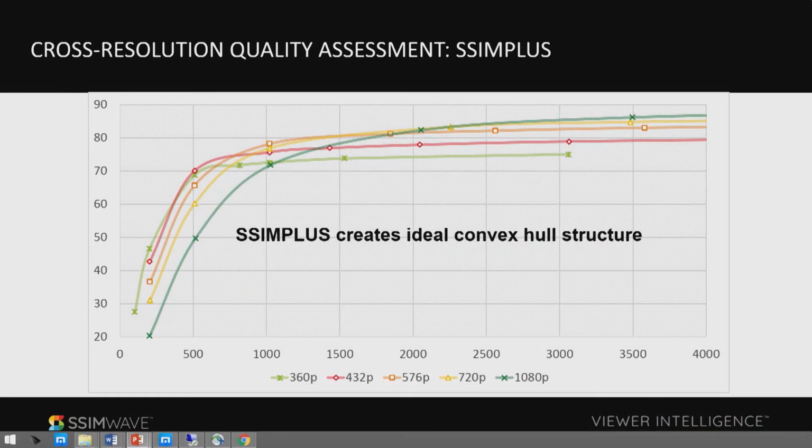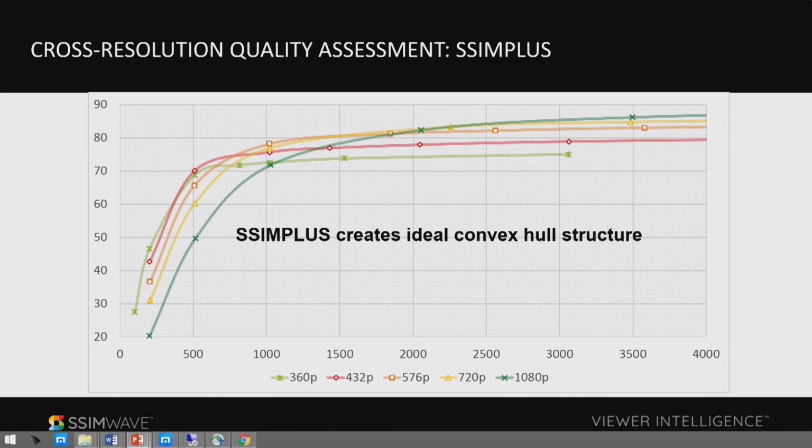And the nice thing about SSIMPLUS is that it naturally gives you that, for all the content we're running, without designing something just for that purpose. This is coming naturally from SSIMPLUS, because it's designed based on human visual system models, and all these properties just come naturally.